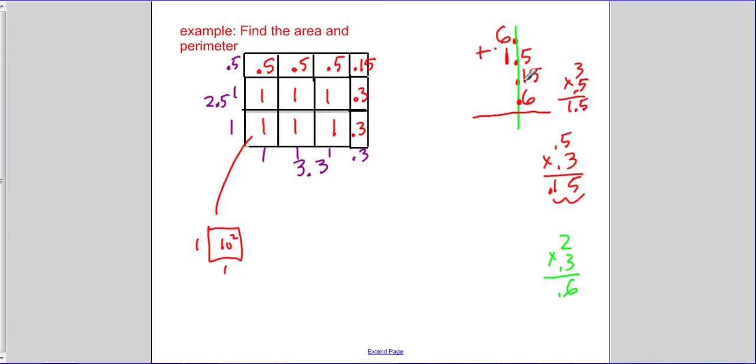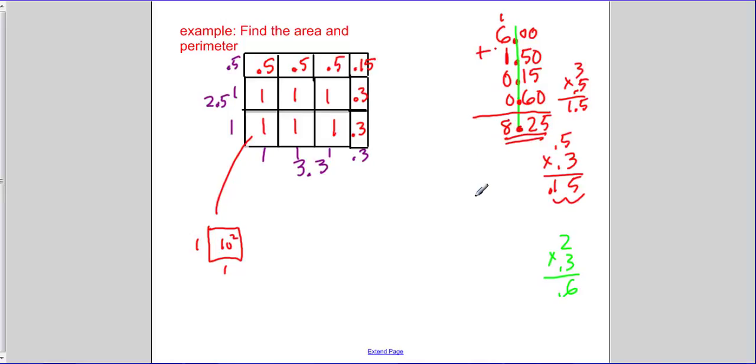So now I can add some placeholder zeros to help myself add. It's always a good idea when you're adding decimals to do this. This is 5, and this is 5, 1, and 6 is 2. Put my decimal point there, and I have to carry because that's 12, and then that's 8.25.